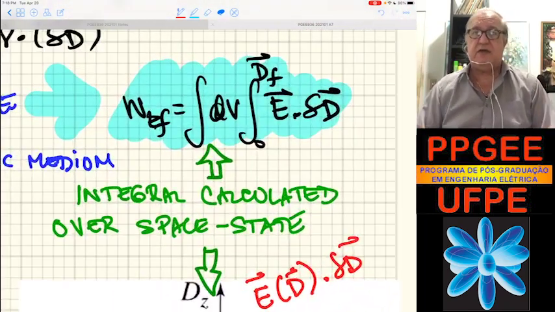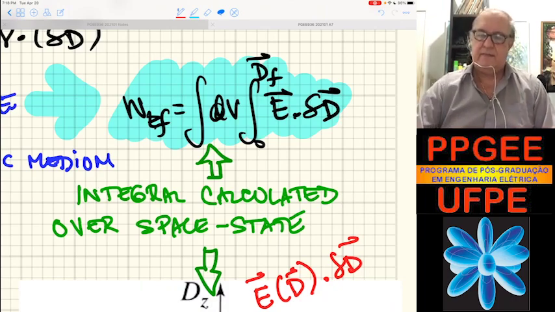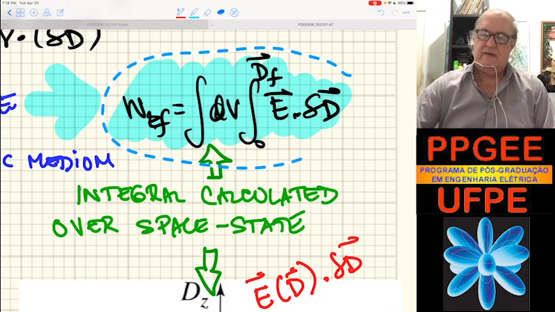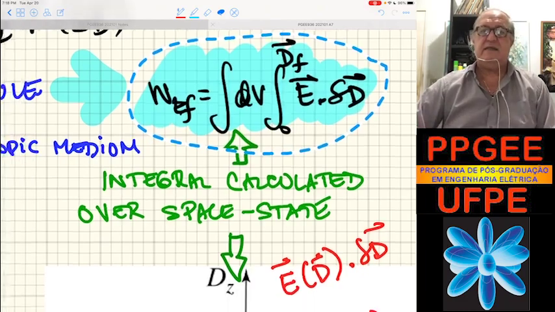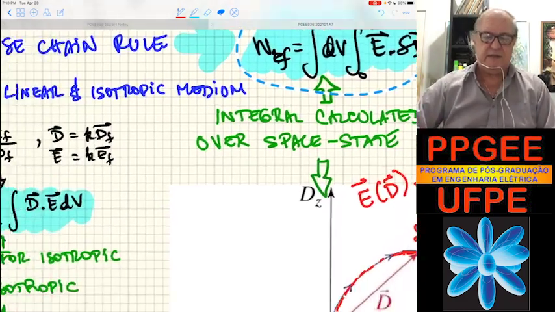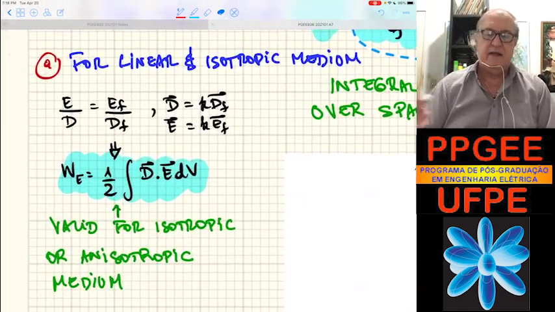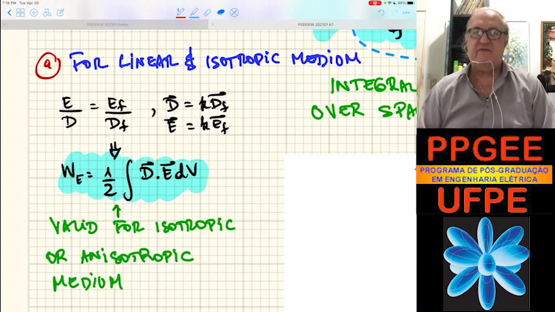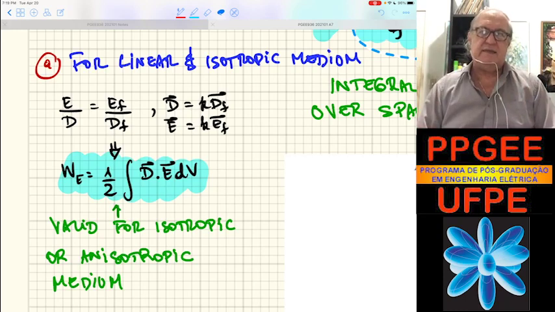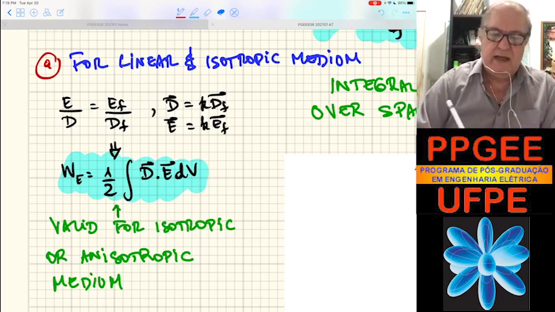There's a general expression for energy in an electrostatic system, whatever the system is, linear or nonlinear. If the system is linear, then things become much easier. Again, you can parameterize the vector D at any point as a multiple of a given value, for an isotropic system also.